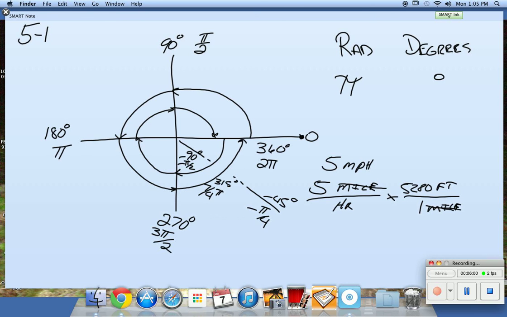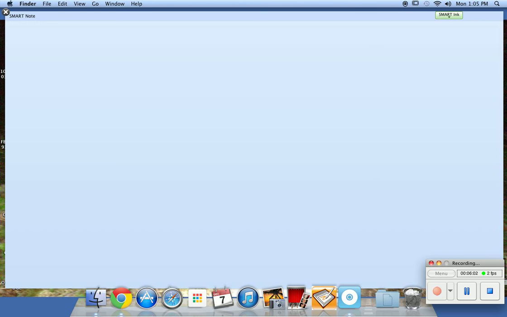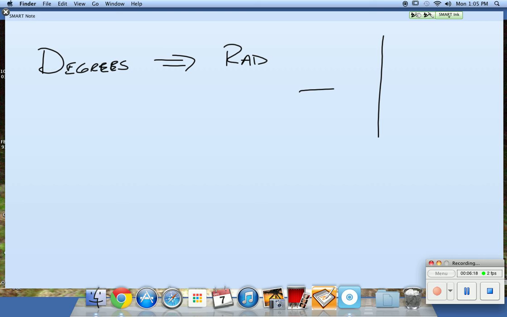Let me go ahead and erase this. If I'm going to go from degrees to radians, okay, and we already know this. When we look at this, we know that this is 180 degrees and this is pi. All right? We're going to use that. So remember, I want to go to radians, and my radians are in the form of pi.